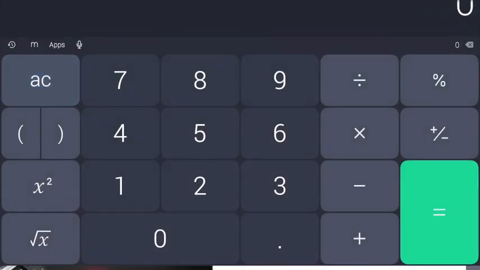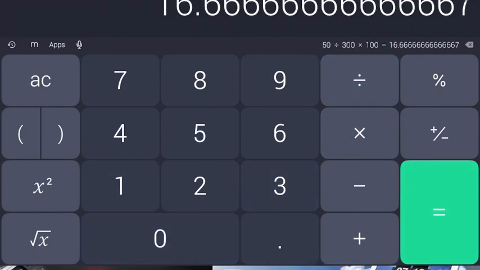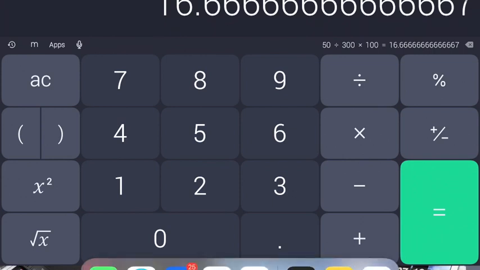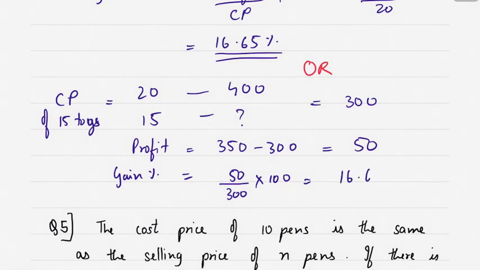So 50 divided by 300 into 100 comes to 16.66%, or 16.67%.